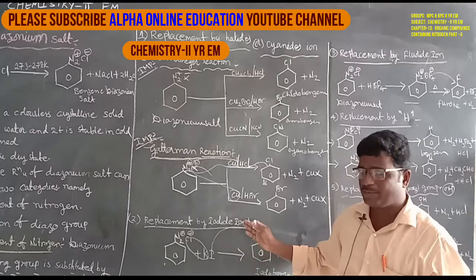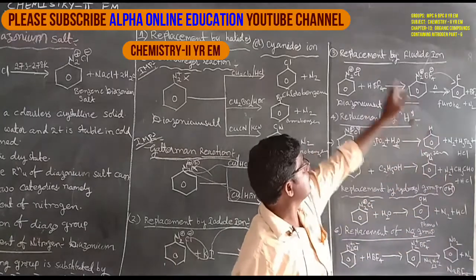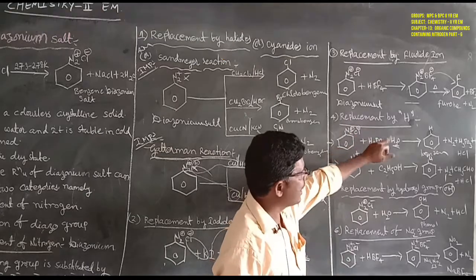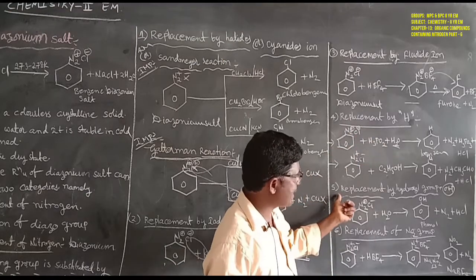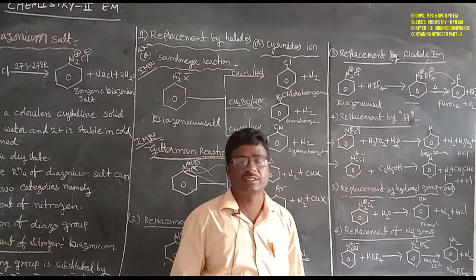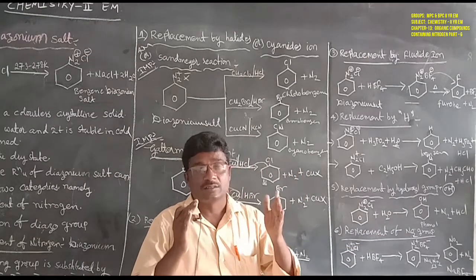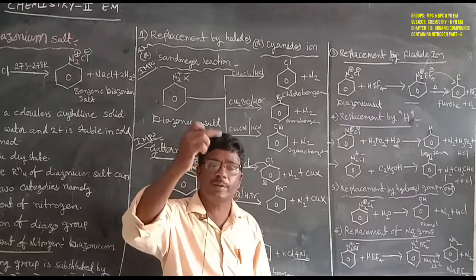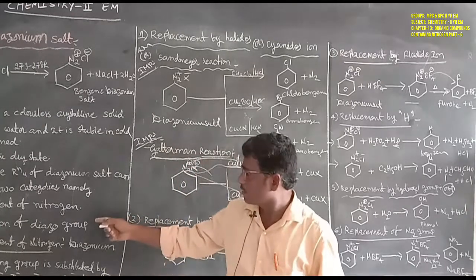Second one is the replacement of iodide ion. Third one, replacement of fluoride ion. And fourth one, replacement of hydrogen ion. Next one is the replacement of the hydroxyl group. And sixth one is the replacement of NO2 group. Those reactions are also called as reactions involving displacement of nitrogen.